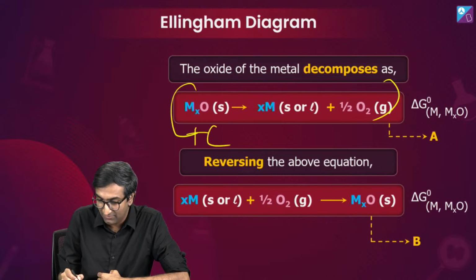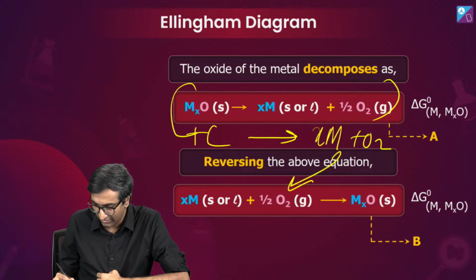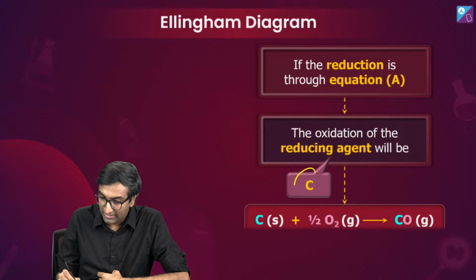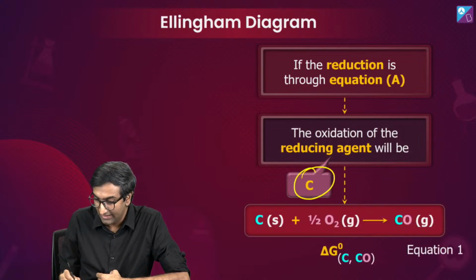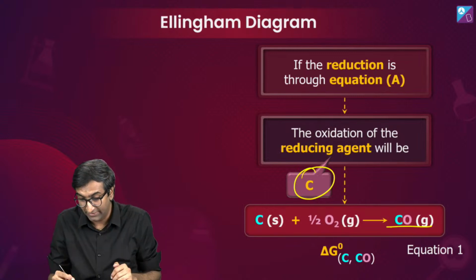If I react this with carbon, I get xM plus oxygen, which is this right here. Okay? So carbon can be a reducing agent. Then it can form carbon monoxide. अगर मैंने हवा की quantity कम कर दी, then it forms carbon monoxide.